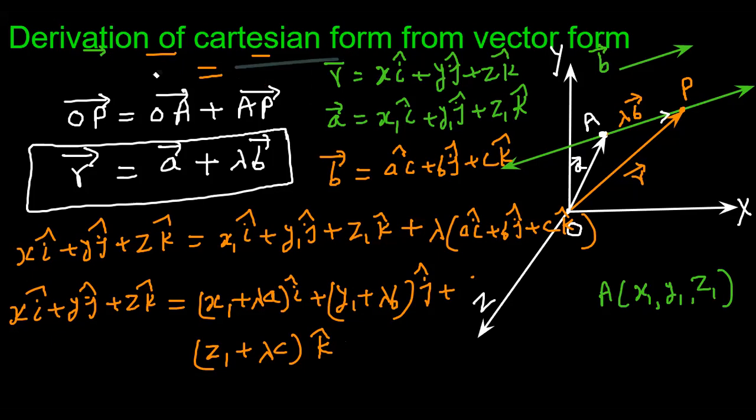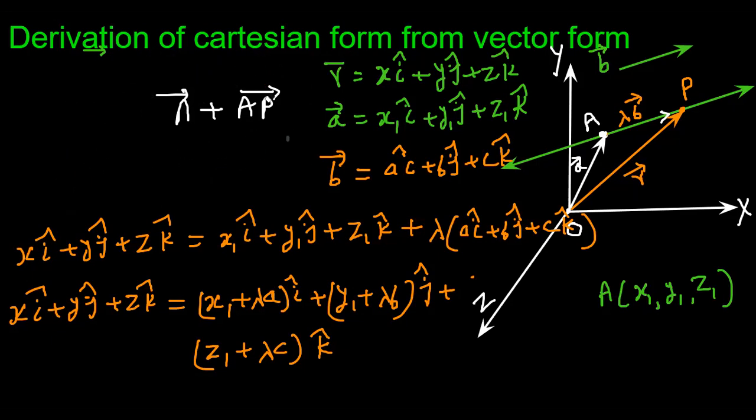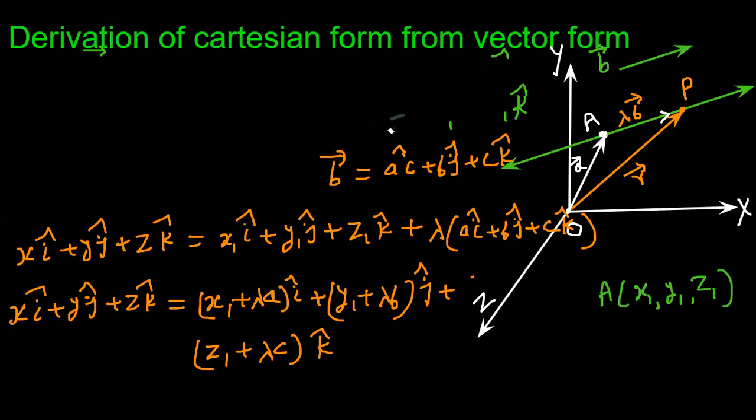I would create some space up there so that we could write it clearly. And this means now we can equate the coefficient on the left hand side and right hand side.